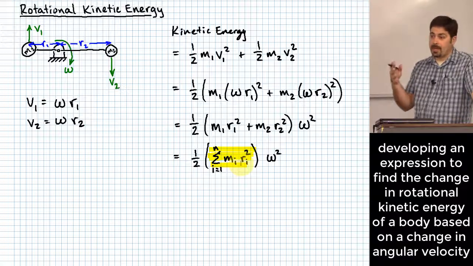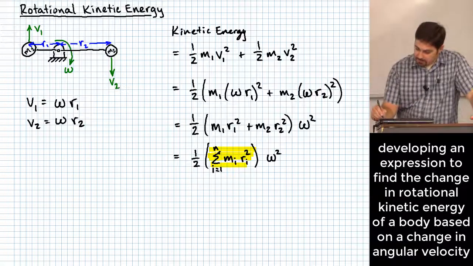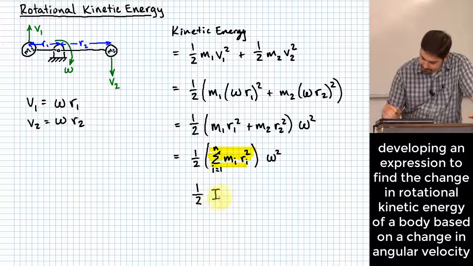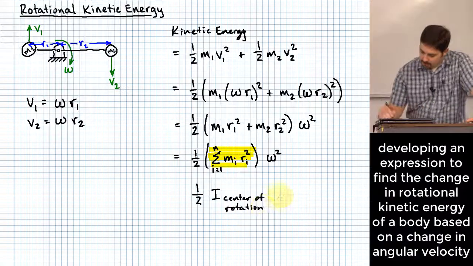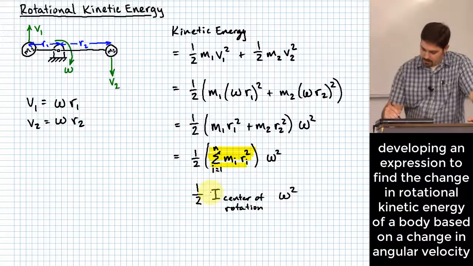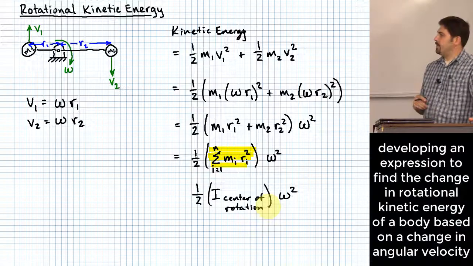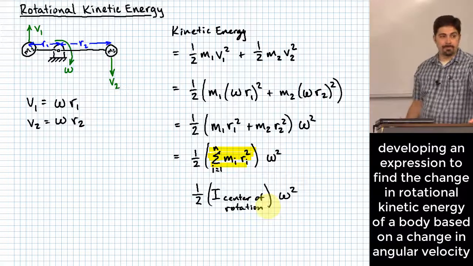But either way, what you're dealing with is a moment of inertia, a particular one: the moment of inertia about the center of rotation, times omega squared. So 1/2 I omega squared gives you the energy associated with that whole body rotating around that point.